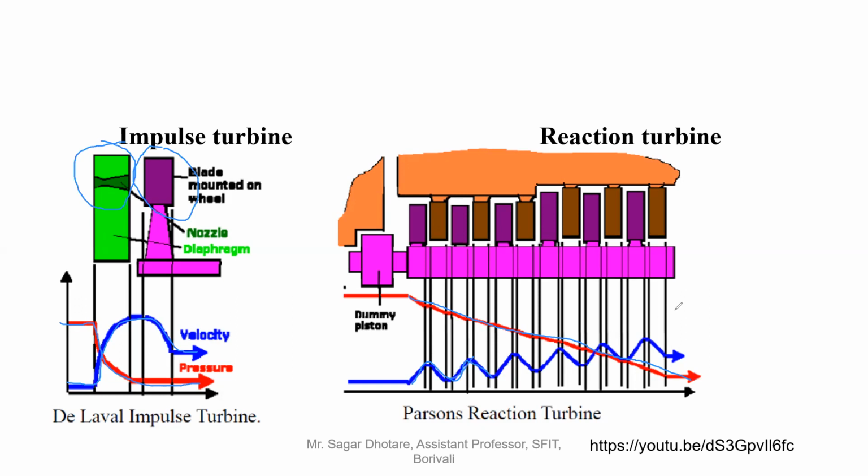This process works continuously. For the impulse turbine, mostly we have to learn the level impulse turbine, and for the reaction turbine we have to learn the Parsons reaction turbine.